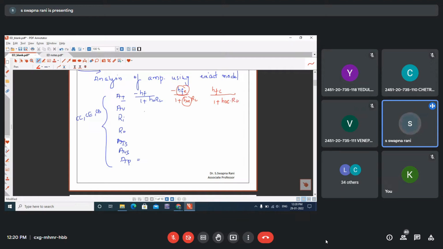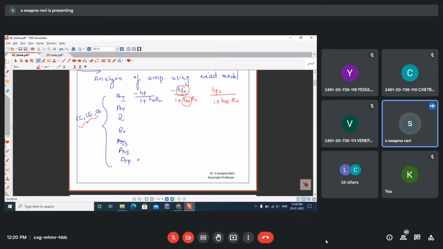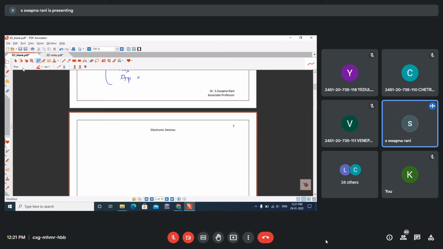So the equations of the parameters AI, AV are the same for all the three configurations. But this is not the case in the approximate model. When you analyze an amplifier using the approximate model, each amplifier will get different equations. So for the exact model, equations are the same for all the three configurations, but using the approximate model, the equations are going to be different.